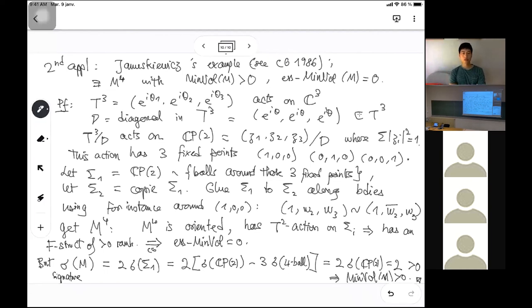Remember that since the signature can be expressed as an integral of a polynomial in the curvature, that means that the minimum volume is bounded below essentially by the signature. That's why the minimum volume is not 0. The volume cannot go to 0. On the other hand, it has an F structure. In particular, its Euler characteristic is 0, and it has 0 essential minimum volume.